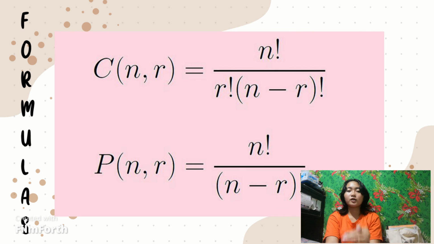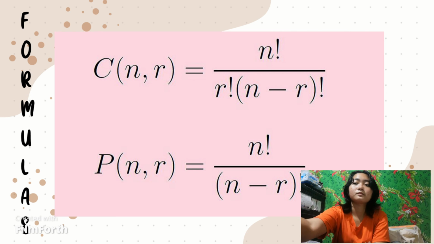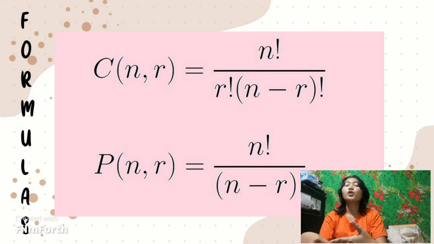So it's just n factorial over n minus r factorial. There's no other r factorial because in permutations, repeated numbers are not allowed. So that's why it's just n factorial over n minus r factorial.